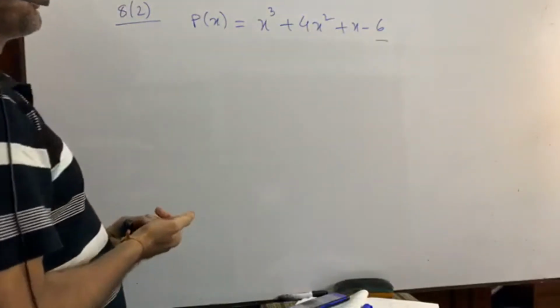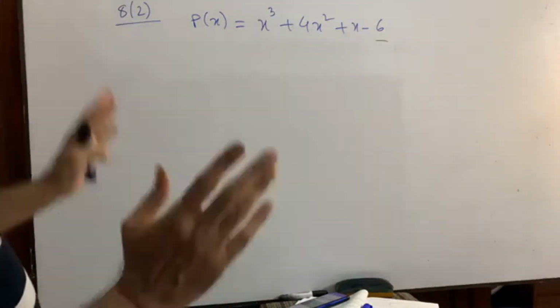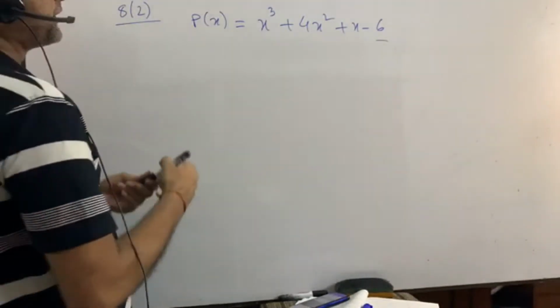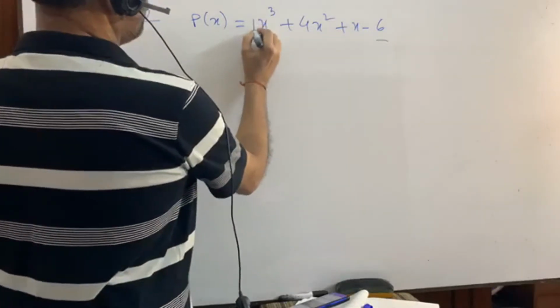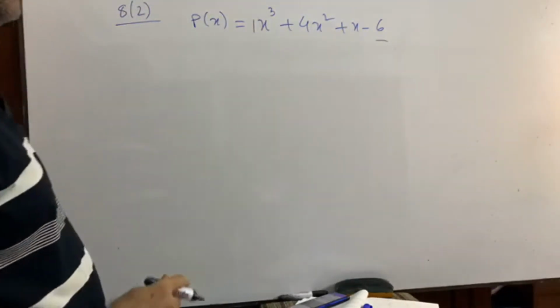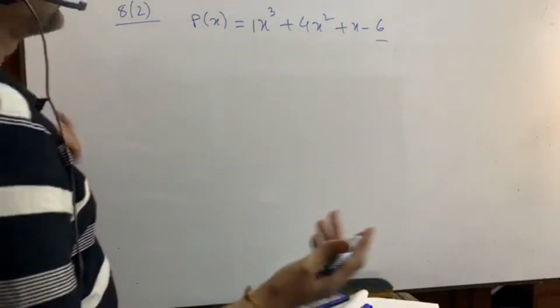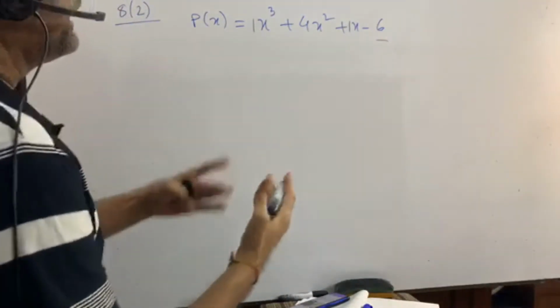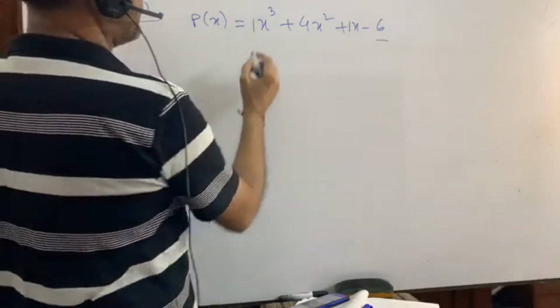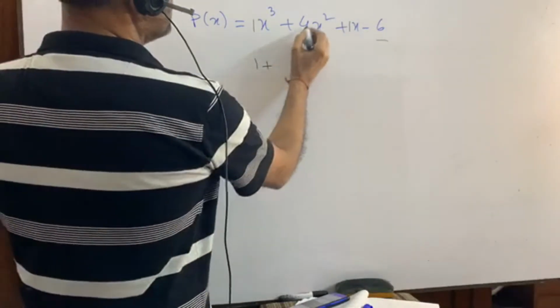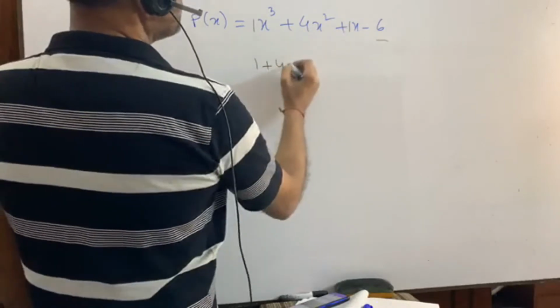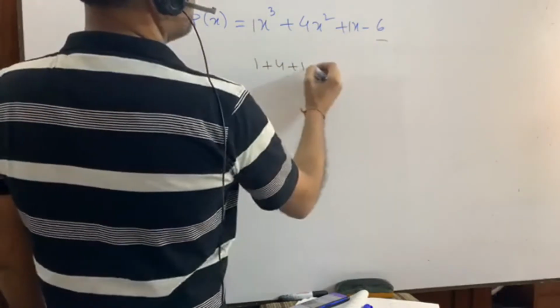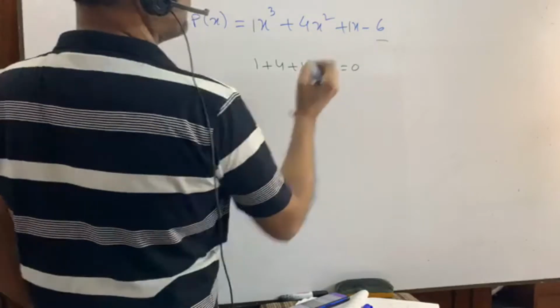What is the coefficient here? 1, right? Let's do it. Can we add the coefficients including the constant? That is 1 plus 4 plus 1 minus 6 equals what? 0.